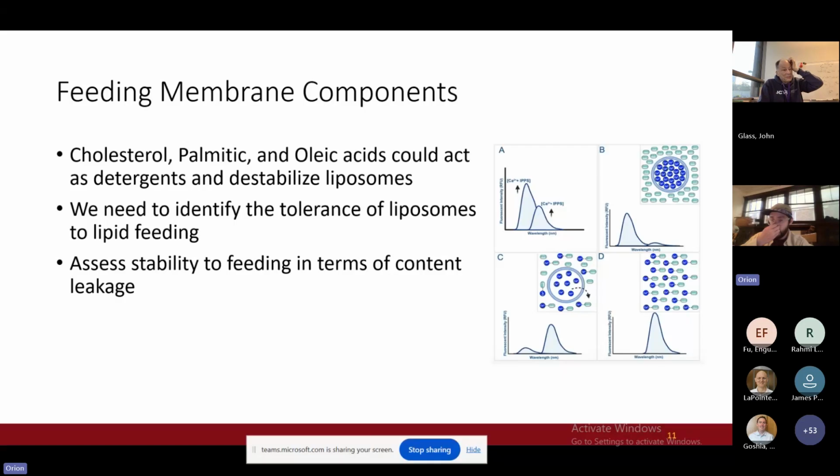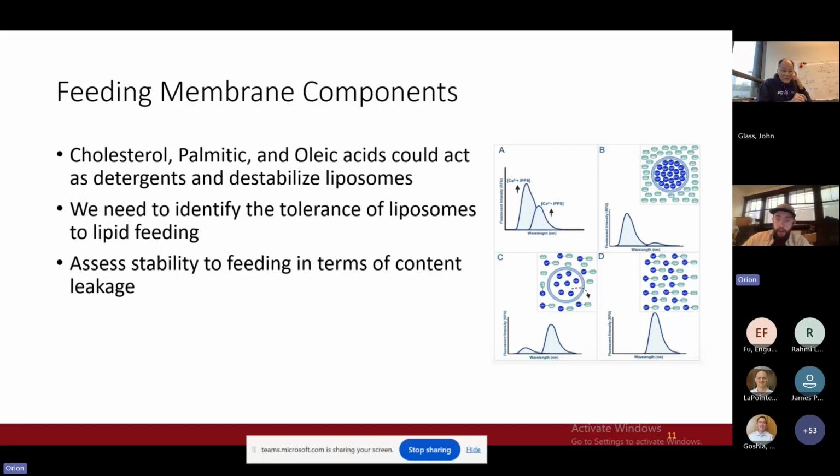The way that we're thinking about doing this is with a calcium sensor called IPPS. Basically, we'll make liposomes that contain calcium cation, and then add in cholesterol, palmitic acid, oleic acid, and we should see a fluorescent shift from about 405 to about 480, indicating the calcium and the IPPS binding.